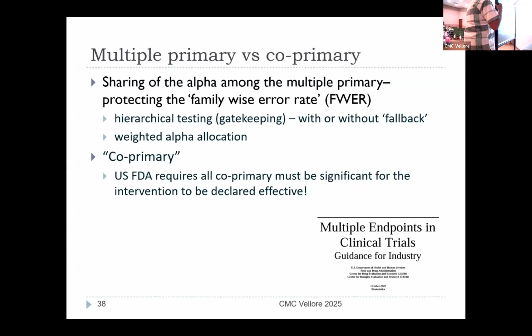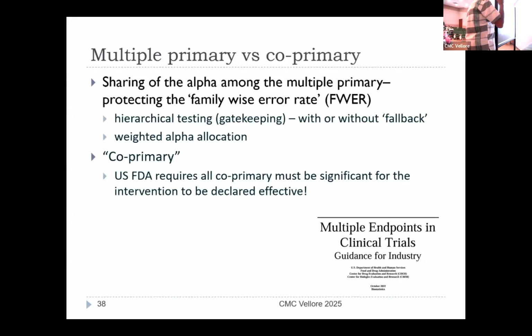Then I would hierarchically say which one is more important than the others. You decide. Oh, wait a second. Then I want to have C and then B and A. So then I will, in what's called gatekeeping, I will use this alpha for this and test whether the intervention works for this outcome.